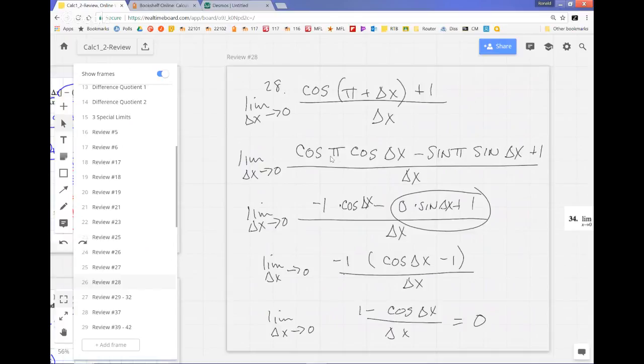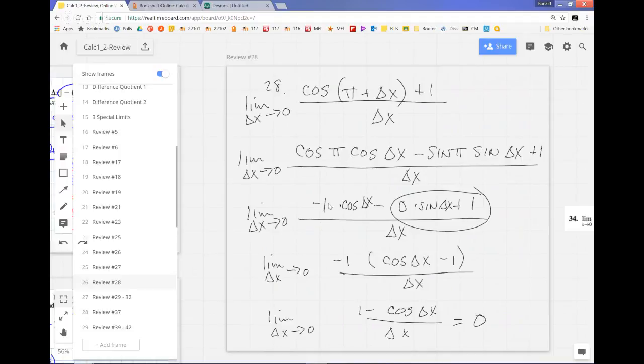Cosine of the first, pi, times cosine of the second, delta x, minus sine of the first, pi, times sine of the second, delta x. And then this plus 1 is on the end, divided by delta x. All right. What's the limit as delta x approaches 0?